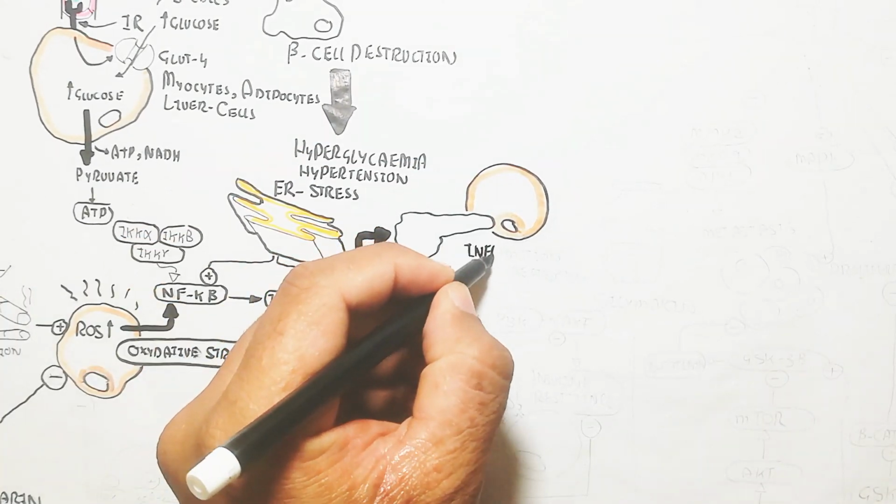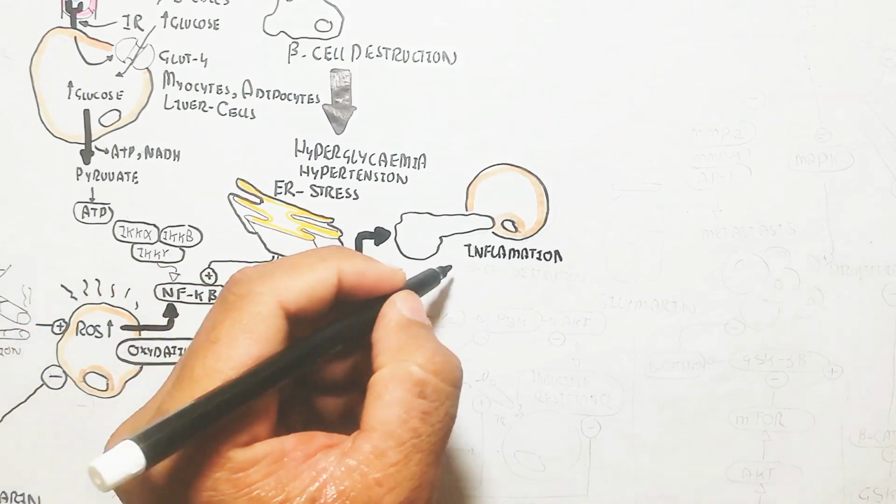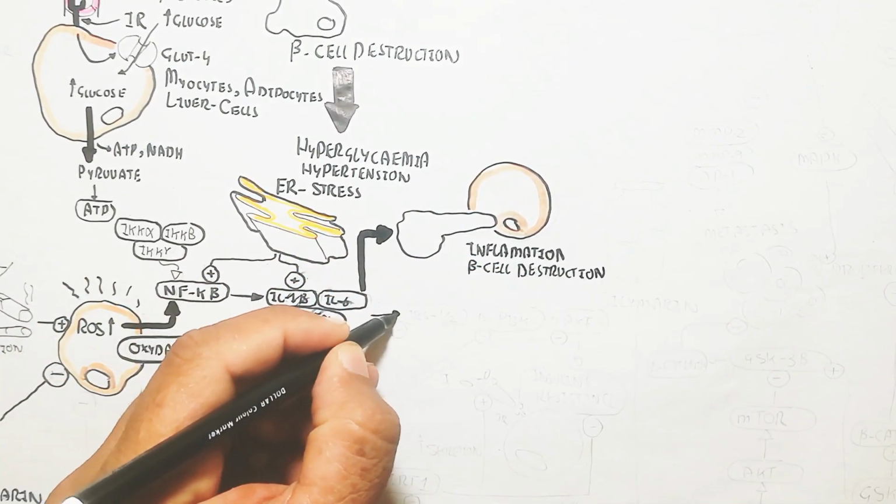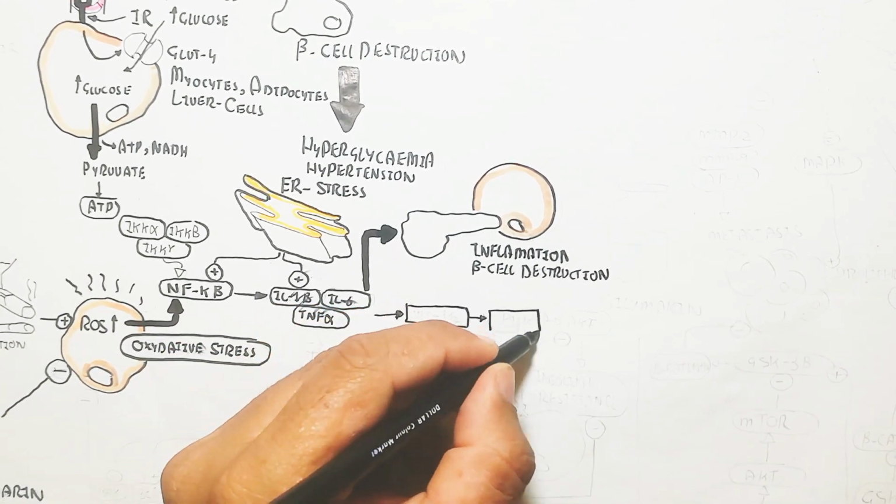Tumor necrosis factor alpha and these complex cytokines will activate inflammation of the beta cell and its destruction.